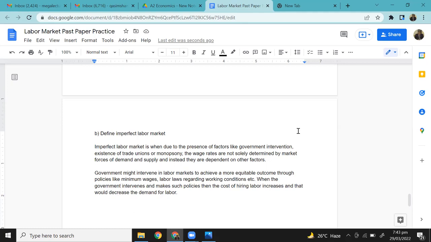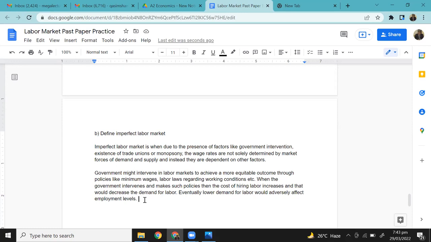With that happening, the demand for labor decreases, and that would adversely affect employment levels. Do you agree with me? Right? Alhamdulillah. So it would negatively affect your employment levels. Now that's a problem here, right?